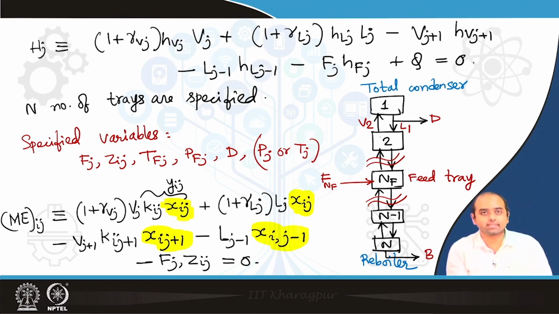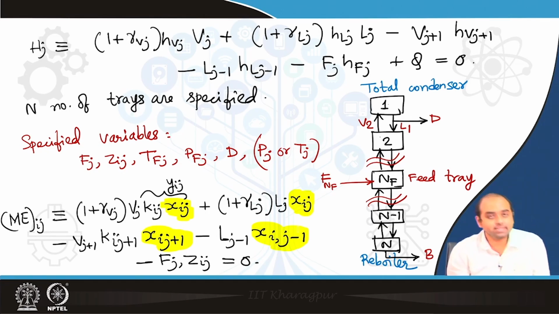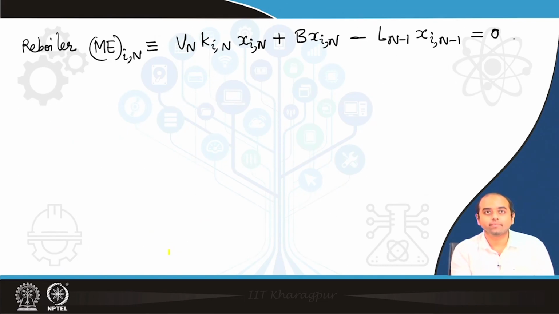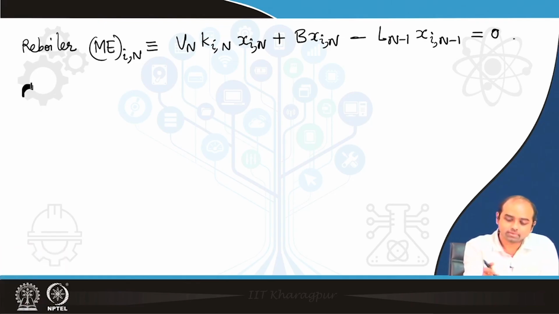Xij is the unknown quantity, right? So this ME equation that we have written down can be generalized in this form.